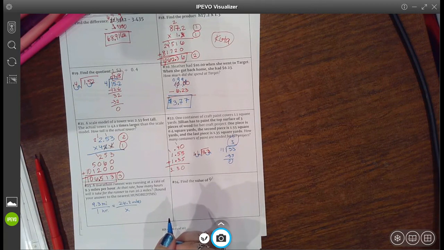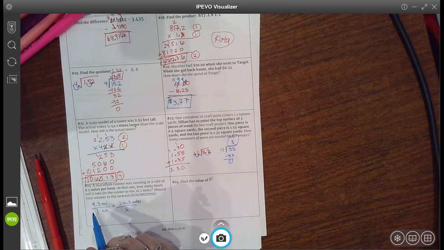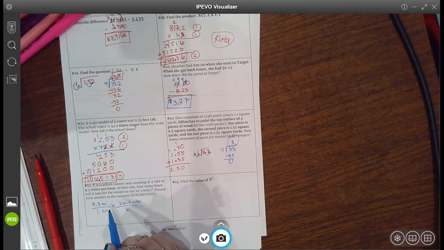So what do you think you would do with that information? I think you would divide it, right? So I'm going to see, since it's 1 hour that it takes me to go that far, then let's see how many times that goes in.